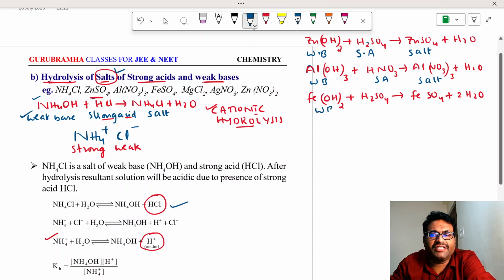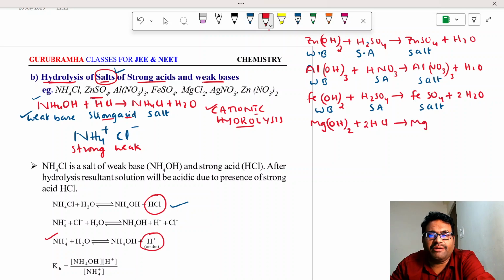So weak base, strong acid, and this is the salt. In the same way, MgCl2: Mg(OH)2 reacts with HCl to give you MgCl2 plus 2H2O. Right? Weak base. What is this? Strong acid, salt.